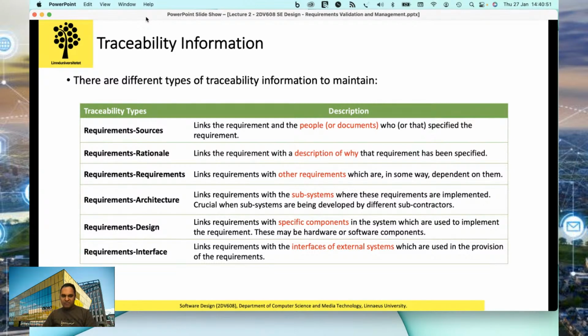Then requirements with the architecture and design, so which part of the architecture or design implements which requirement. And also requirements versus interface. Some requirements might require some external interface or third-party system. So which interface we need from that system for this requirement, and this kind of traceability information.